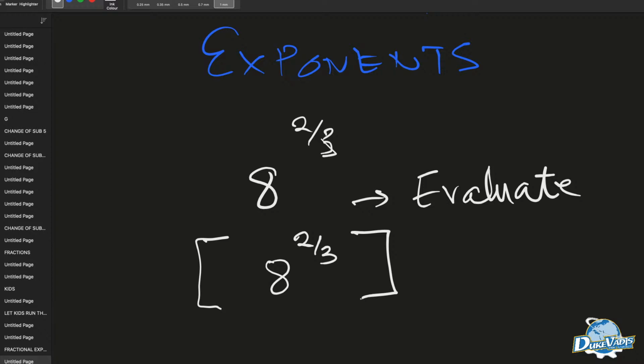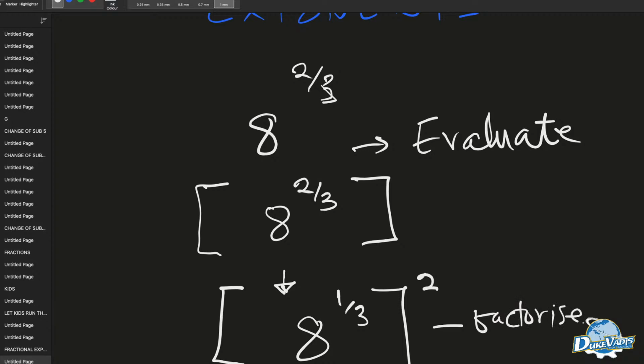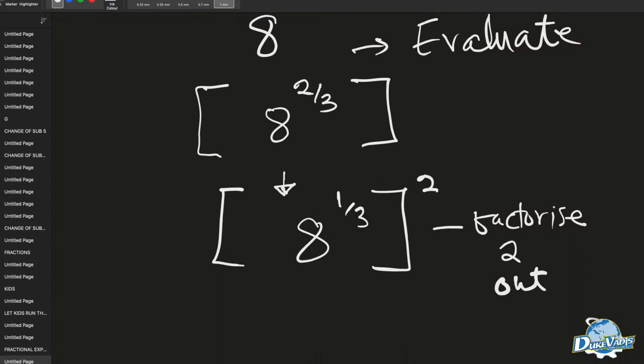If you look at it very carefully, we can say that 8 raised to the power 1/3, all into bracket 2. So you see that we are factorizing 2 out. This one, we say, is a cube root.